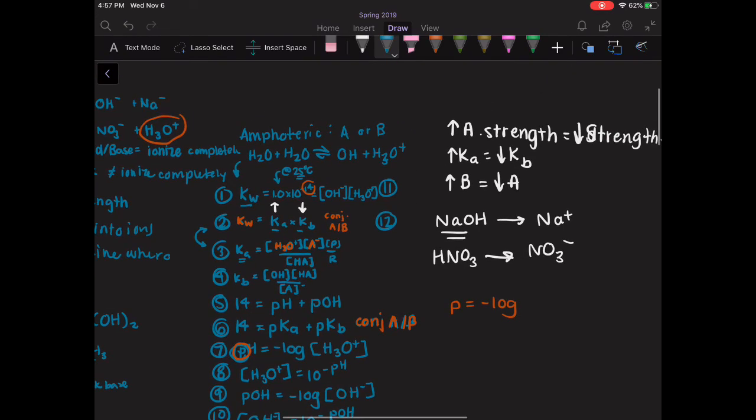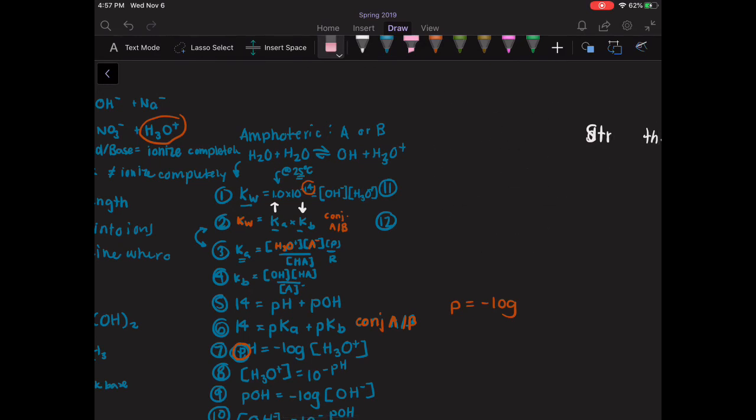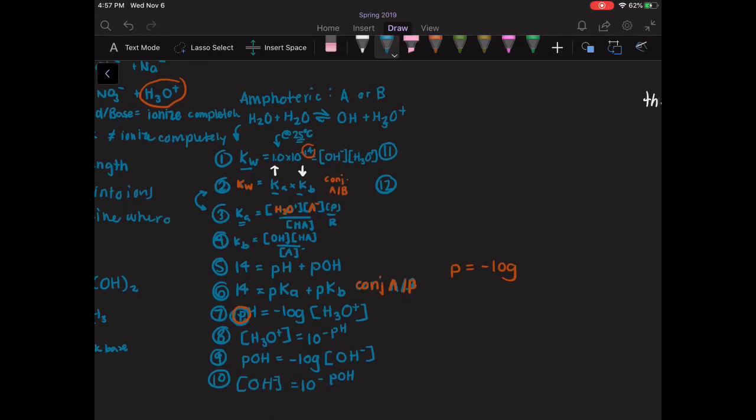And so my last two equations that I think are really important to know for this class are the Henderson-Hasselbalch equations for both pOH and pH. These are for buffer solutions that contain a conjugate acid and a conjugate base.